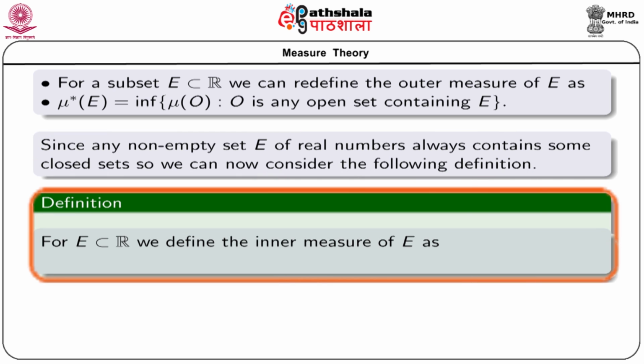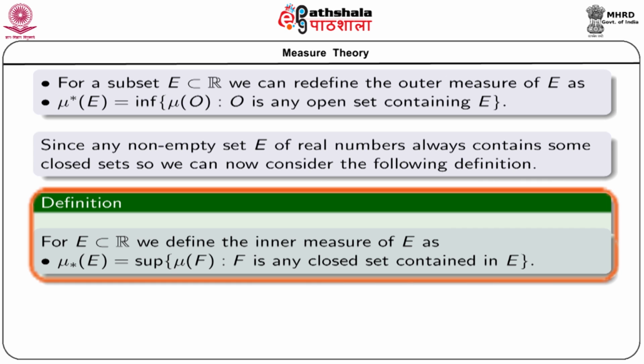So, we can consider the following definition. For E subset of R, we define the inner measure of E as mu lower star of E equal to the supremum of mu of F, where F is any closed set contained in E. So, what is the difference between the upper star and lower star, that is the outer measure and inner measure?